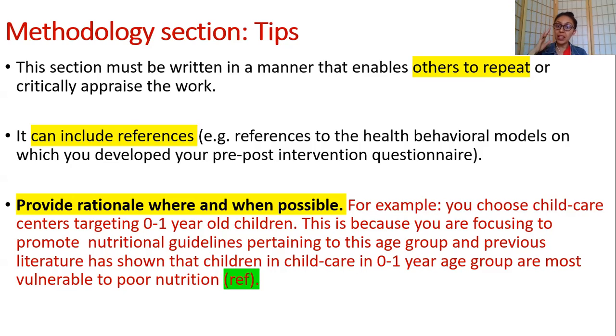All right, so what do I mean by that? For example, when you're writing your inclusion and exclusion criteria in your methodology, for instance, this is just a random topic again, okay?